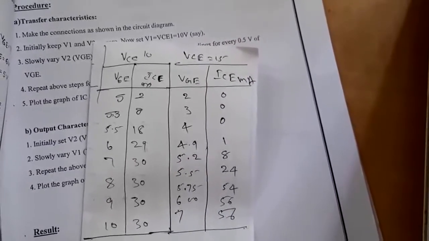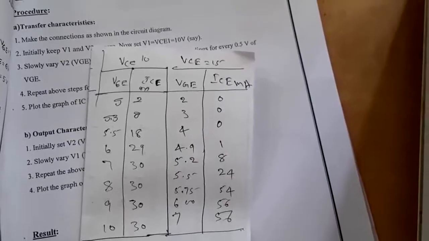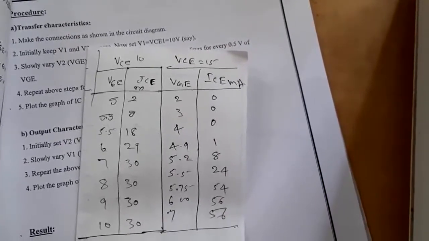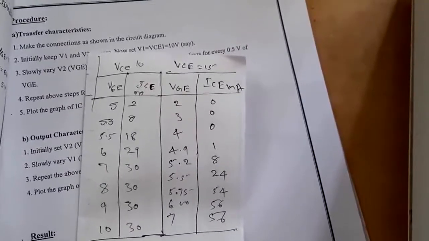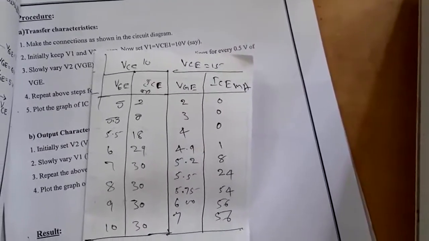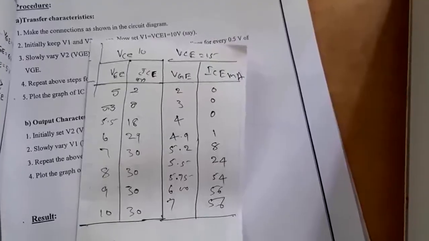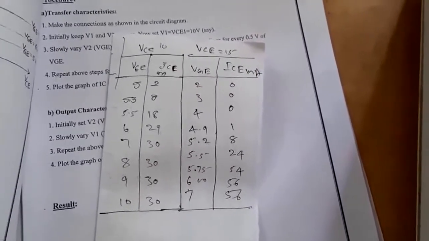So there it is 18 and here it is 24. What does it mean? It means that with increase in VCE, the collector to emitter voltage, the IC will increase. So VC and IC are proportional, right? So that's what is indicated.